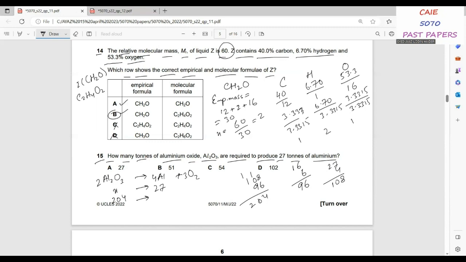gives how many Al? 4 multiplied by 27 is 108.